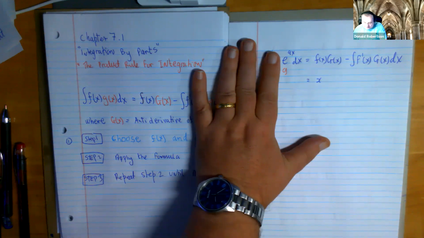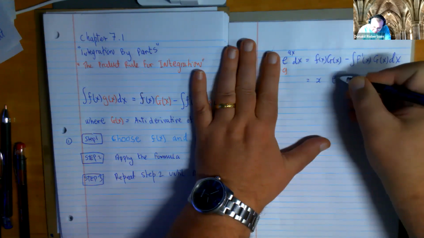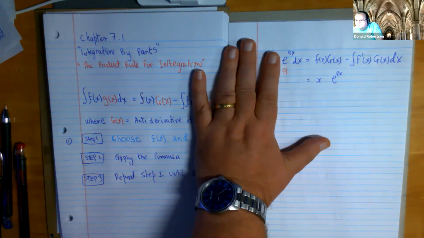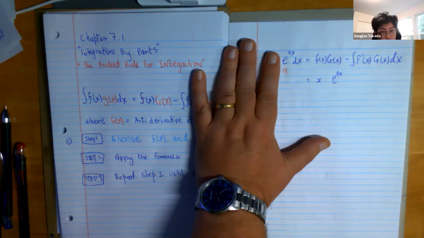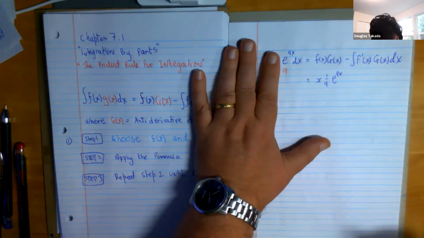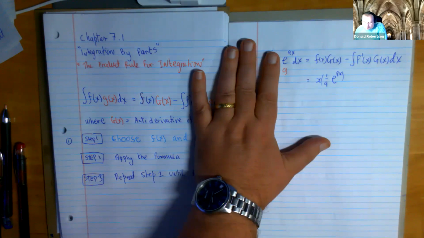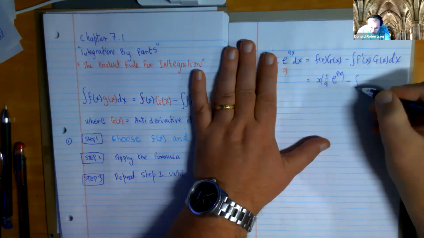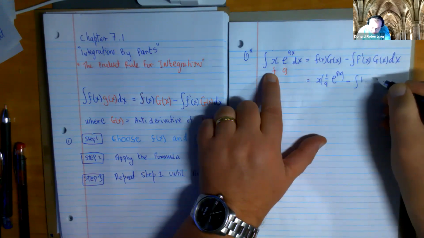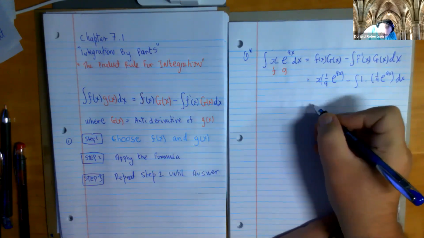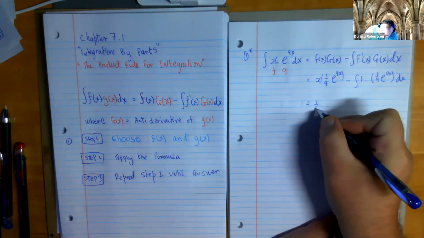The integral of e to the 9x is definitely e to the 9x times what fraction? 1/9. Put a little bracket around that. Are we comfortable with where the capital G of x came from? If you differentiate this guy, you get 1, and you still get the same guy that you had a minute ago. And all I'm going to do in this line is make it look pretty.